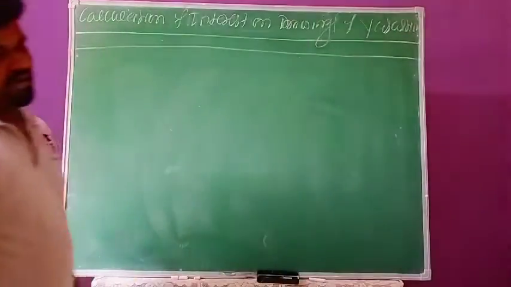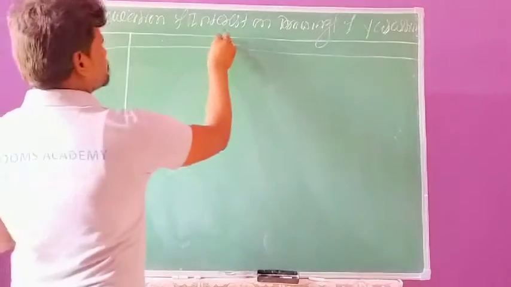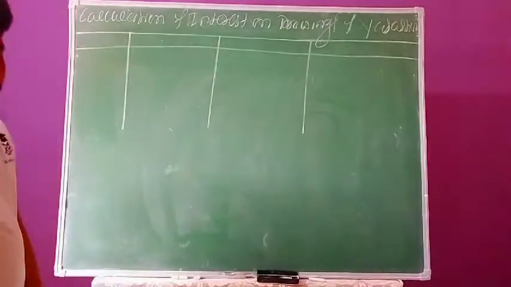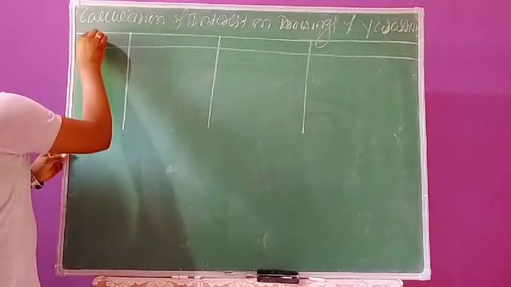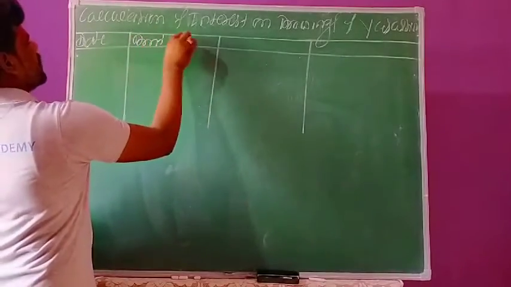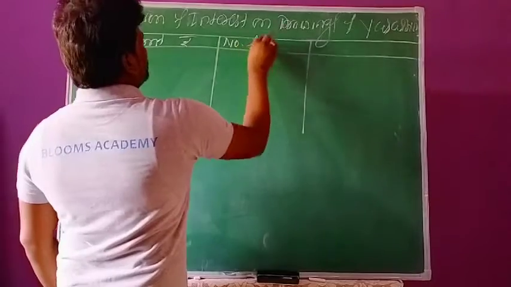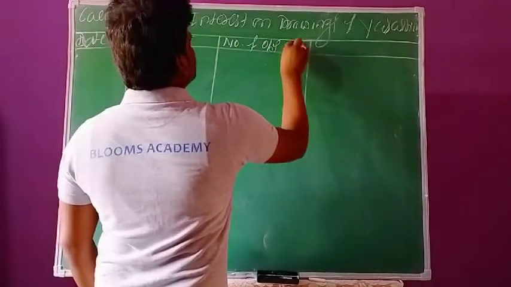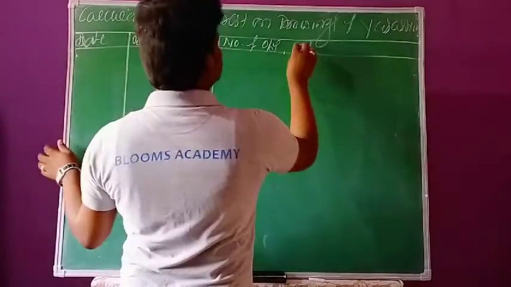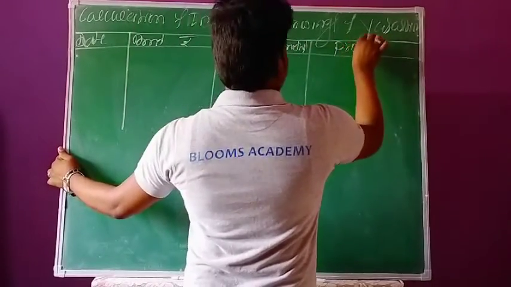We need to take 4 columns: the first column is date of drawings, the second is amount of drawings, the third is number of outstanding period or months, and the last column is the product.